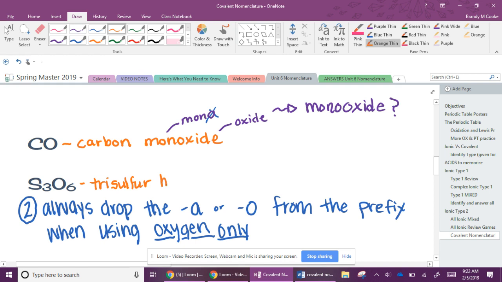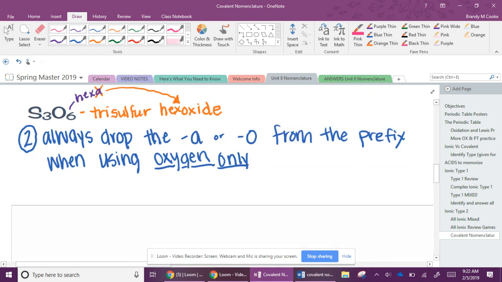We're just going to say hexoxide, H-E-X-O-X-I-D-E. So again, we had the hexa, but we dropped the A and put it with oxide. So pretty easy rule, and as long as you go back to what you know, something like carbon monoxide, that can just help you remember that rule.